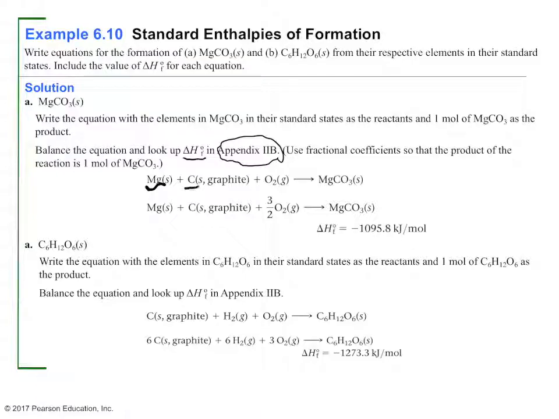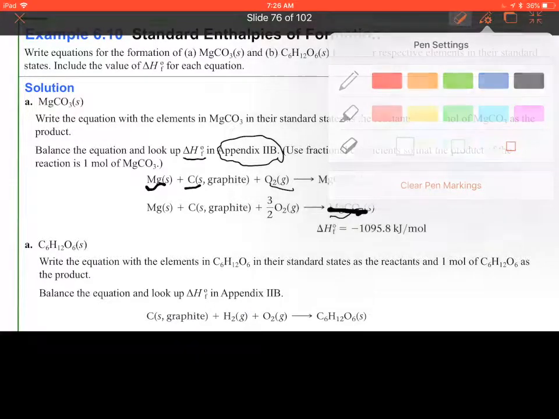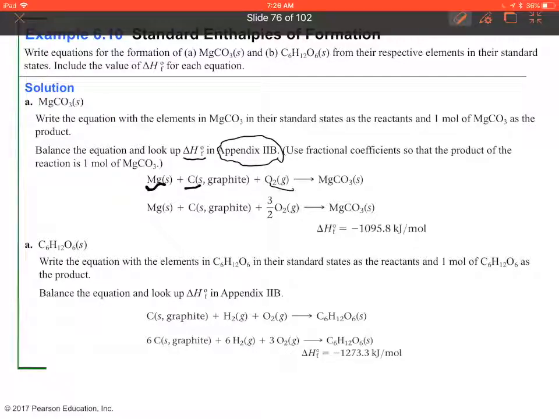So we've got magnesium, carbon, and oxygen. In order to still have 1 mole of magnesium carbonate, you have to put the coefficient of oxygen as 3/2, and that way it will stay at 3 oxygens on both sides. And the heat of formation, they got this from that chart.